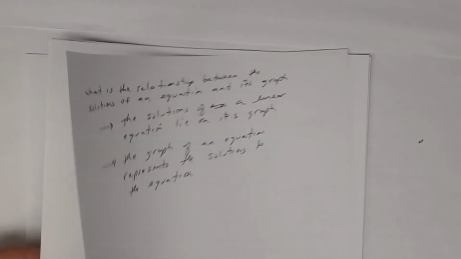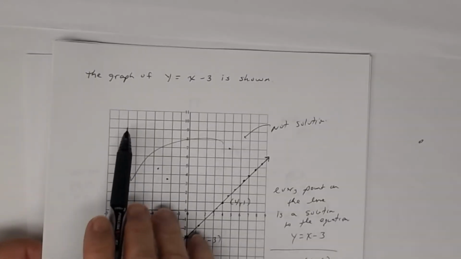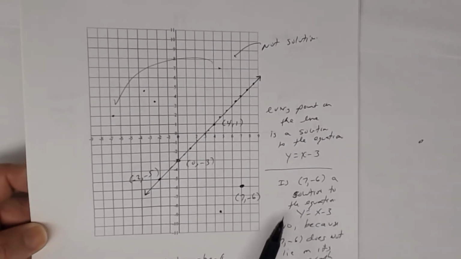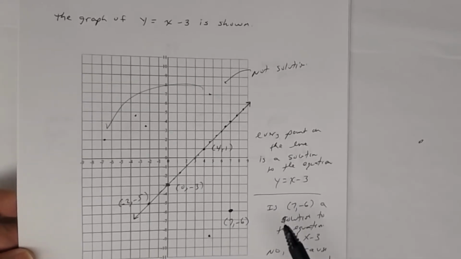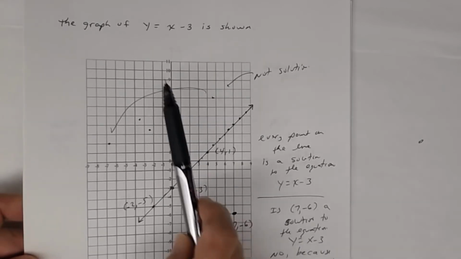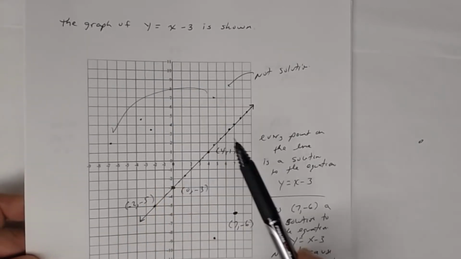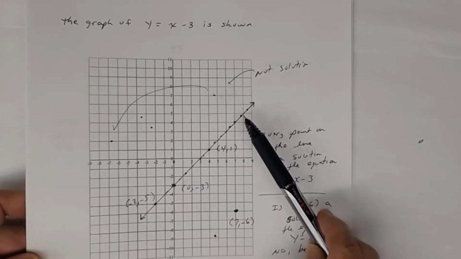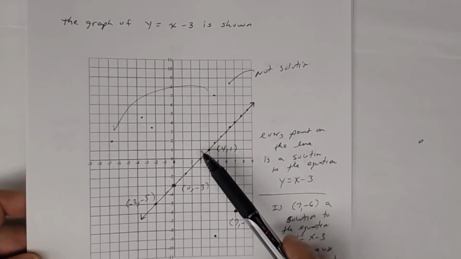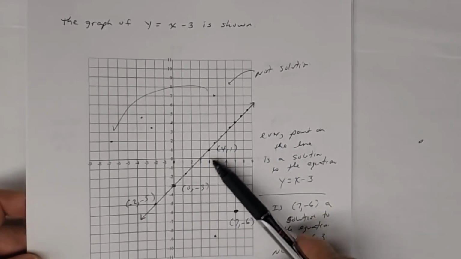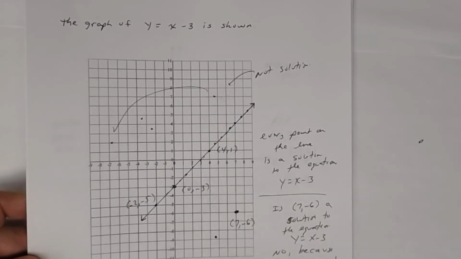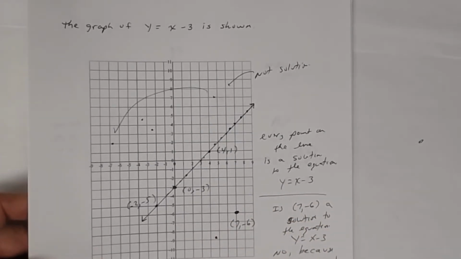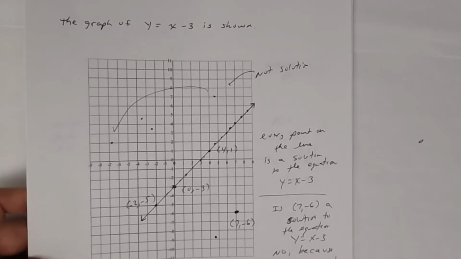You may recall that we looked at this example and picked some ordered pairs, and asked ourselves whether any of these ordered pairs were solutions to this equation. When we did that, we saw that they all lay on the same line, and points outside of that line were not solutions. That's one of the things we talked about in the previous lesson.